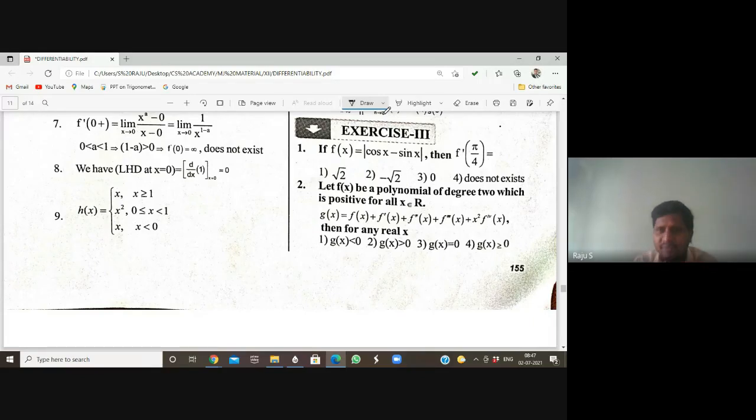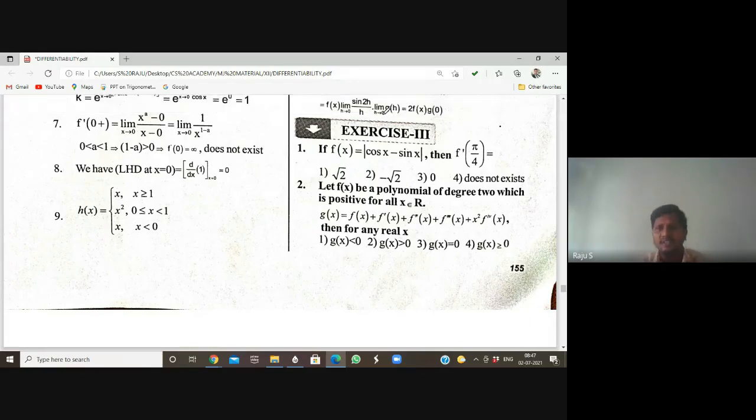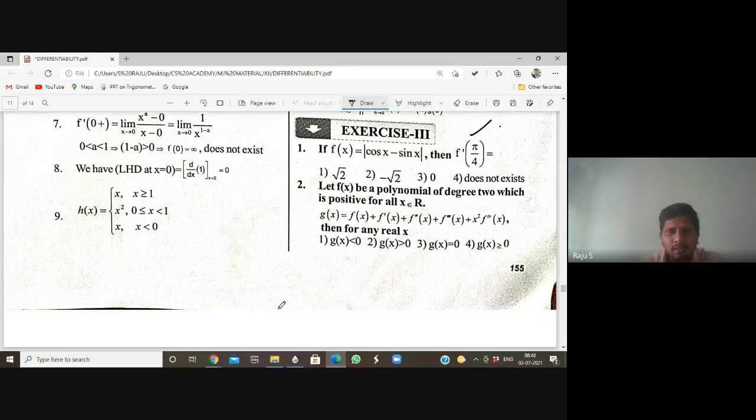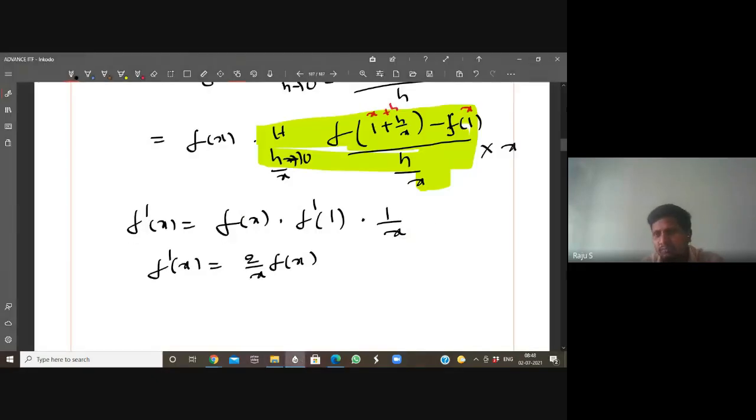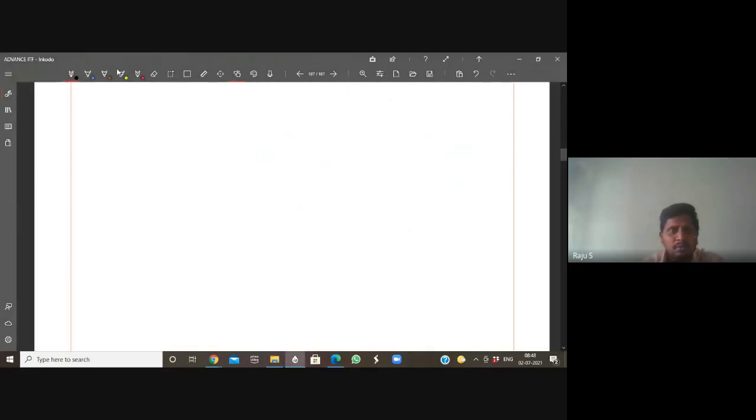What is the function they given here? The function here, modulus cos x minus sin x at pi by 4. See here, when we draw the graphical representation, first write the question. Exercise, first question.